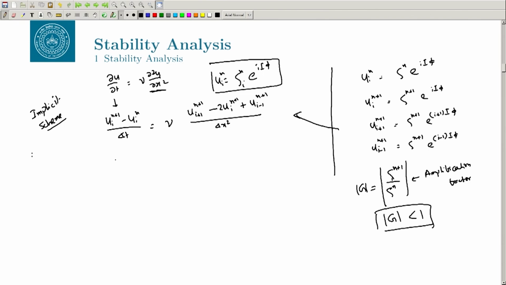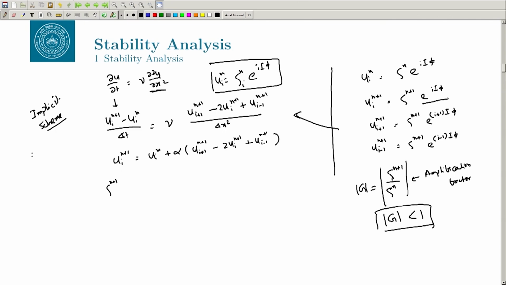So, first rearrange it, I write u_i^(n+1) will be u_i^n, and nu delta t by del x square I will write as alpha, plus alpha times u_(i+1)^(n+1) minus 2 u_i^(n+1) plus u_(i-1)^(n+1), right. So, this will become zeta to the power n plus 1, and then it will become e to the power I phi, right.